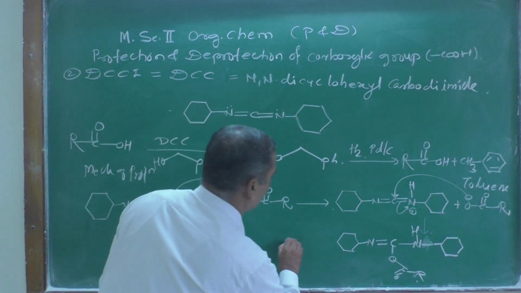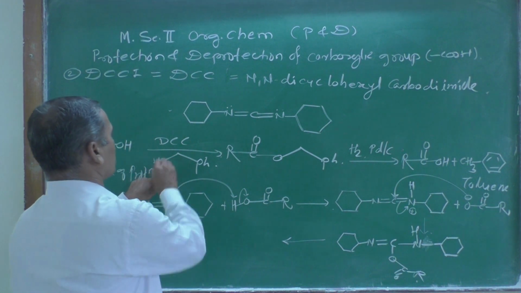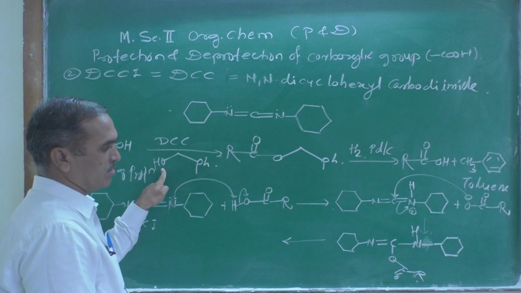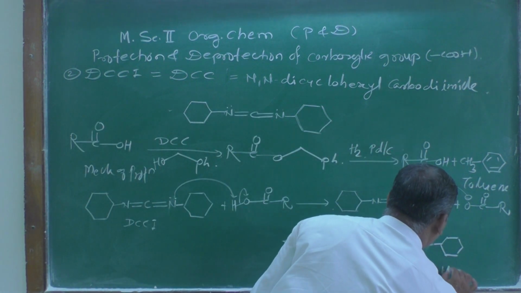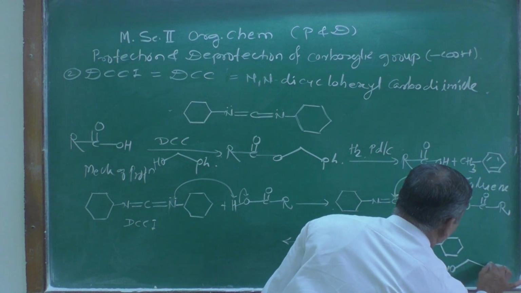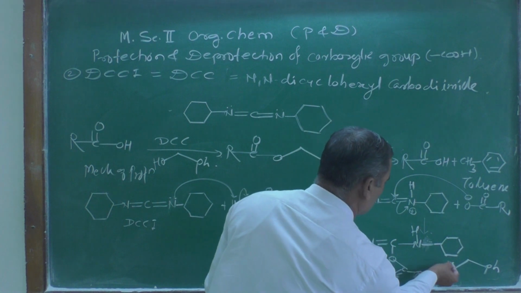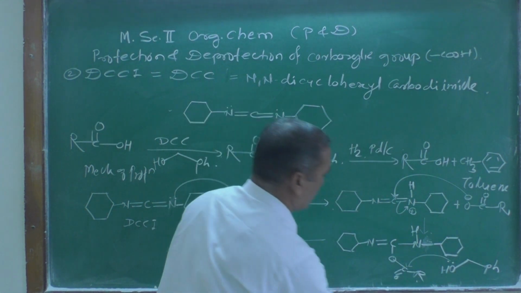Now another, what is going to happen here, there is benzyl alcohol, this one is called PhCH2OH. This is benzyl alcohol, and I am writing it here as HO, then this one Ph. The lone pair present on that oxygen atom is going to attack this carbonyl group.